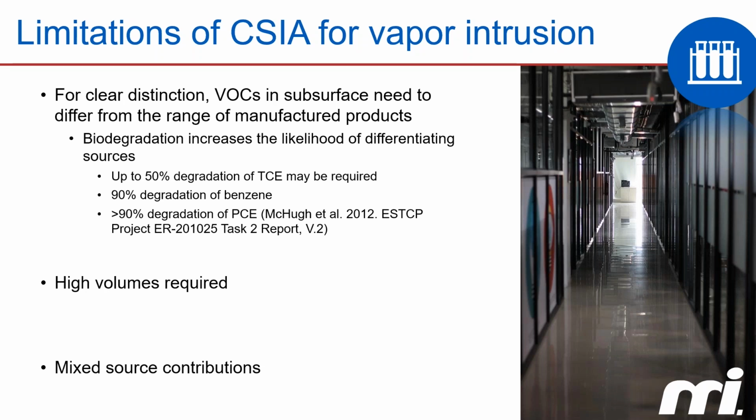For PCE, even higher sometimes, again, for very specific degradation mechanisms. Another issue with CSIA is that very high volumes are required. So a lot of times we have to lean back on the thermal desorption tubes. And then again, similar to any kind of issue with mixed source contributions, our isotope values can be a little confused when it comes to having multiple sources present at the same location.